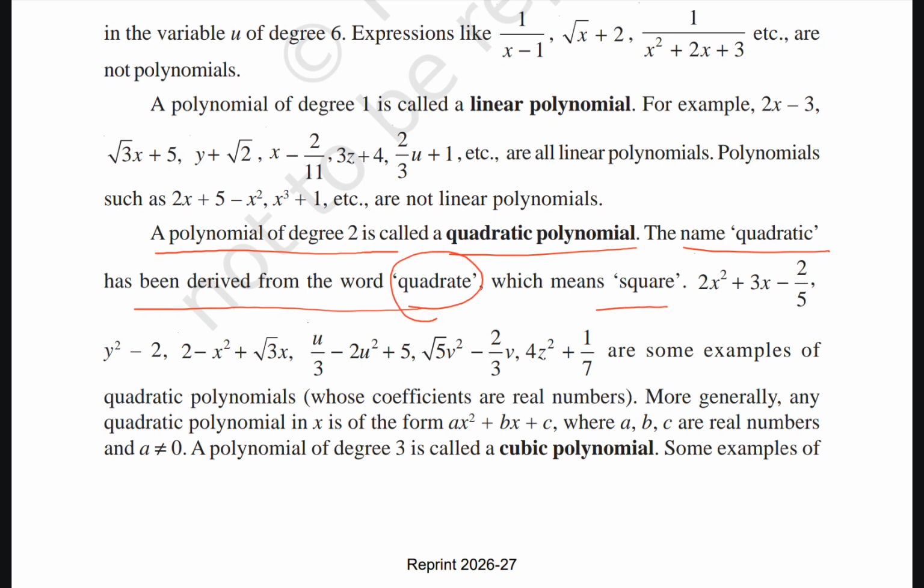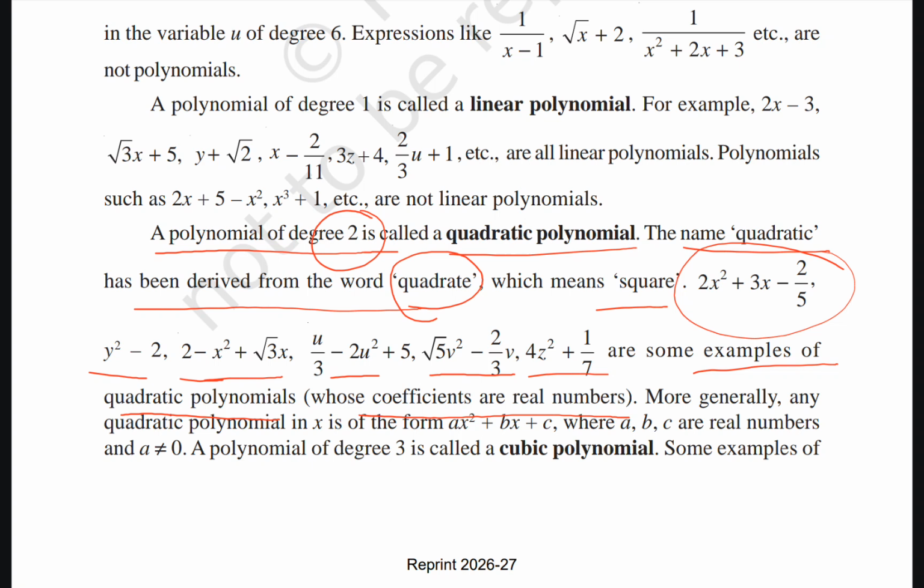So 2x² + 3x - 2/5, y² - 2, √3x - x², u/3 - 2u² + 5, √5u² - 2/3u, 4z² + 1/7 are some examples of quadratic polynomials whose coefficients are real numbers.